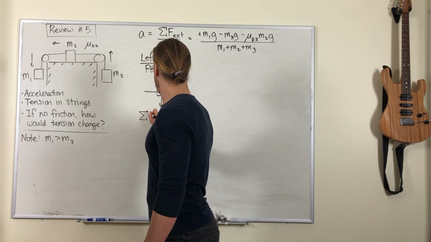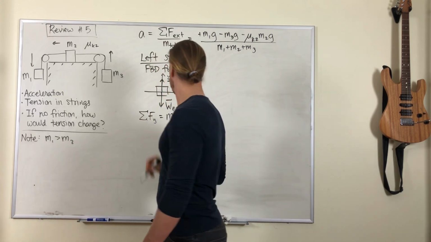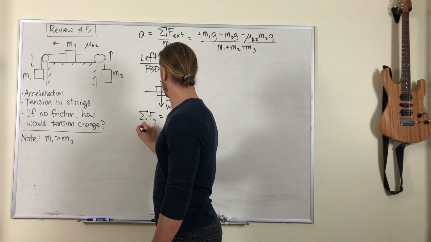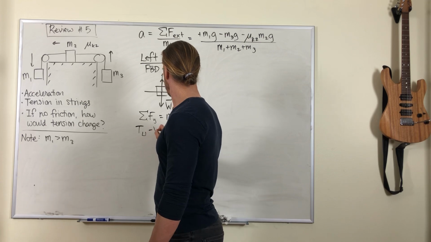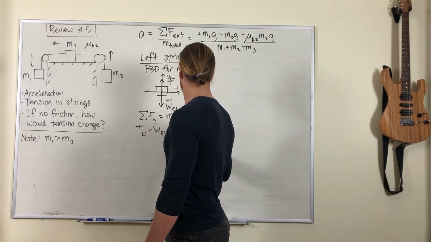So Newton's second law in the y direction says that tension force minus gravity force equals M1 A1.